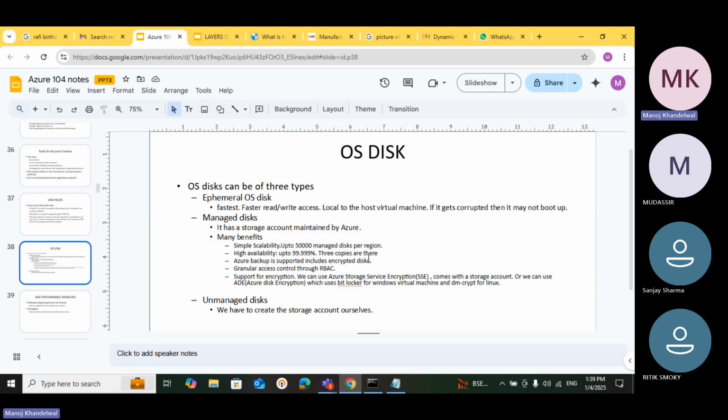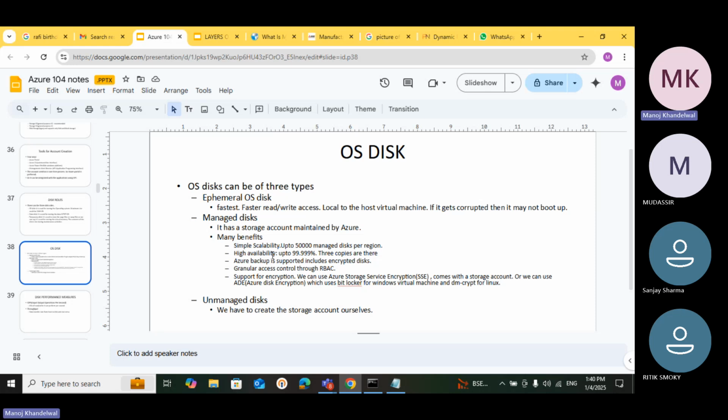They maintain 3 copies, so it is protected against hardware failure. So your disk is not likely to fail. Then Azure Backup is supported on this. If you want to take backup also, you can enable the backup facility on that.